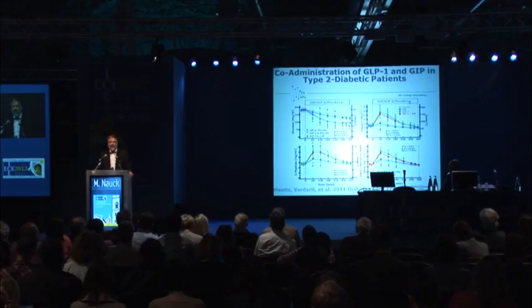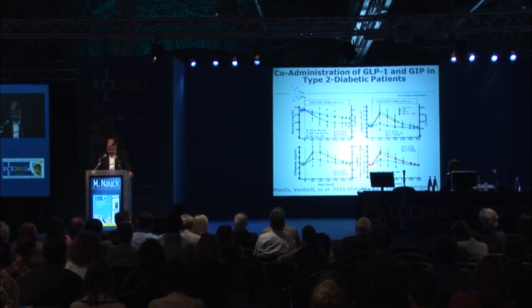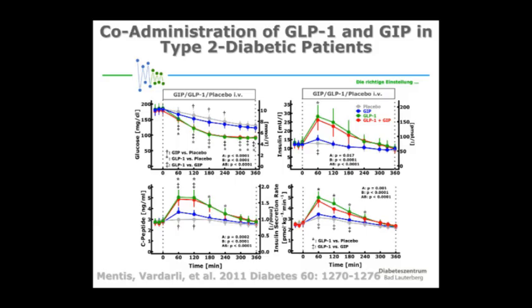So what happens to glucose, insulin, C-peptide, and insulin secretion calculated by deconvolution? The blue line is GIP, and you can hardly reduce glucose significantly versus placebo with even a very high dose of GIP. GLP-1, green lines, normalizes glucose as in previous experiments.